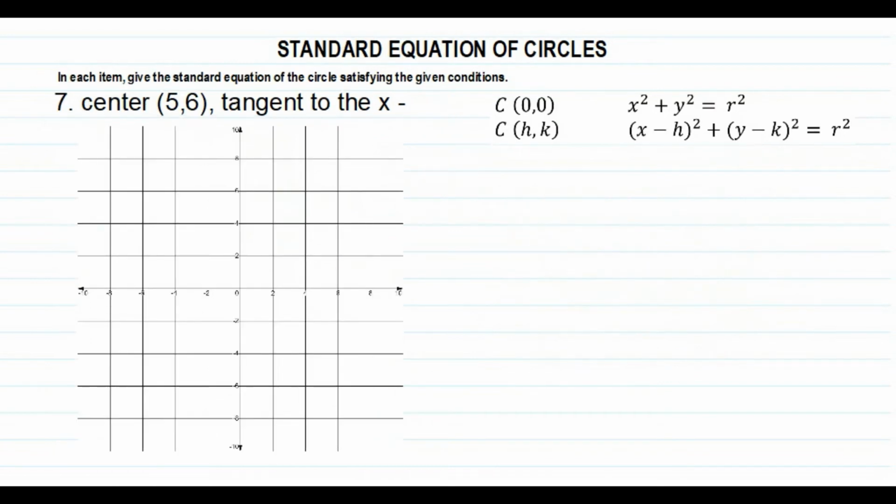Next, have second to the last example. Same pa rin ang center. It's at 5, 6. But, tangent na siya to the x-axis. Ay, nabura. Lagyan na lang natin ng note. Yan. Tangent to the x-axis. So, this is the x-axis, y-axis. So, magta-touch naman siya sa x-axis.